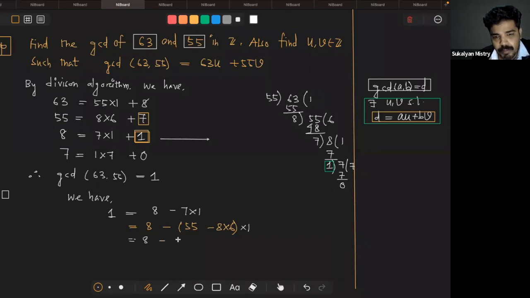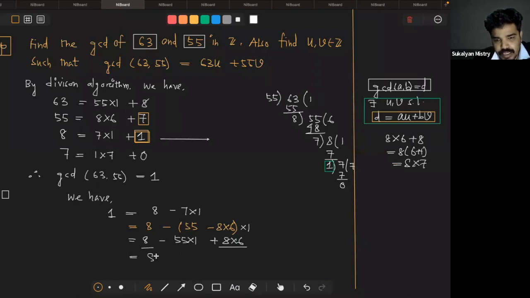So that means I get 8 minus 55 into 1 plus 8 into 6 into 1, that is 8 into 6. এবার 8 plus 8 into 6, multiply করবে না, আমরা multiply করব না। ঠিক আছে, তাহলে 8 into 6 plus 8, তার মানে 8 যদি কমন নাও তাহলে কি হবে, 6 plus 1, that is 8 into 7 হয়ে যাবে.